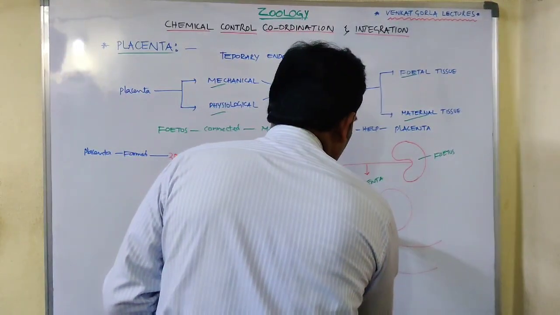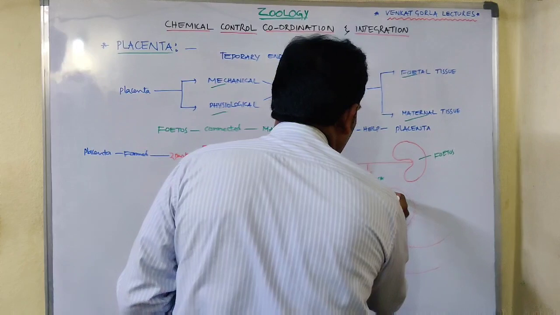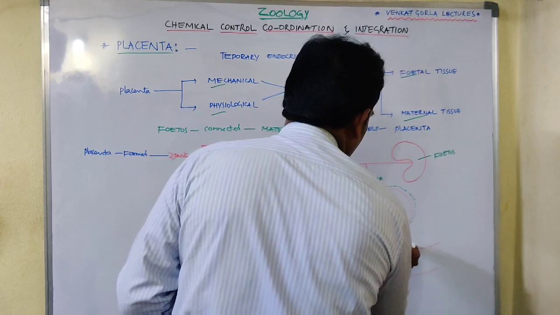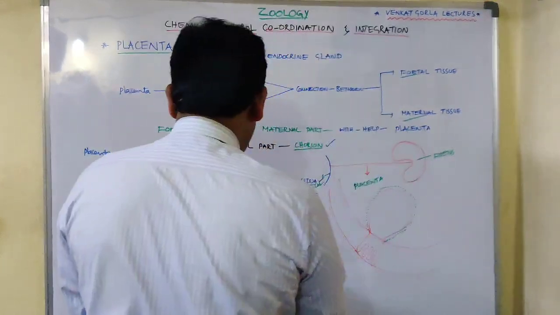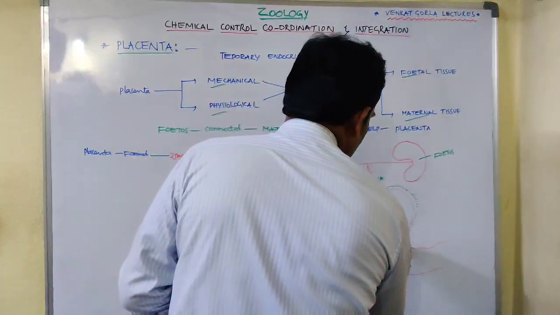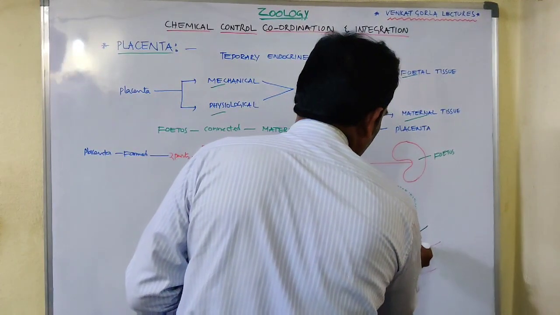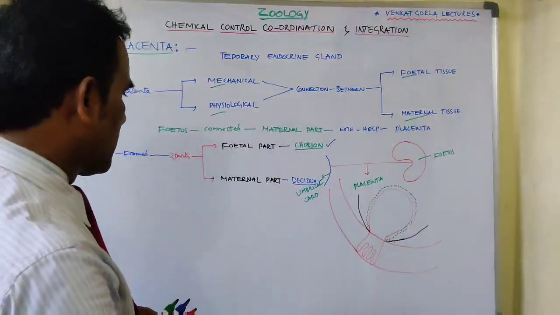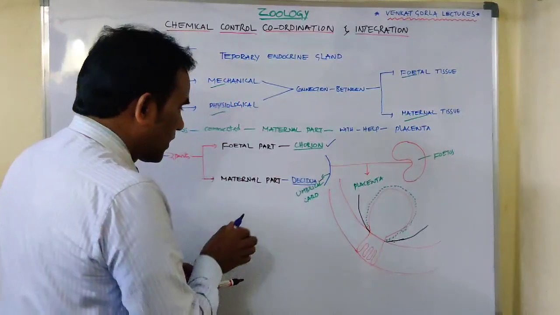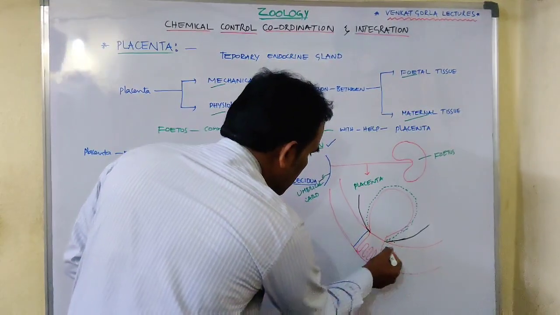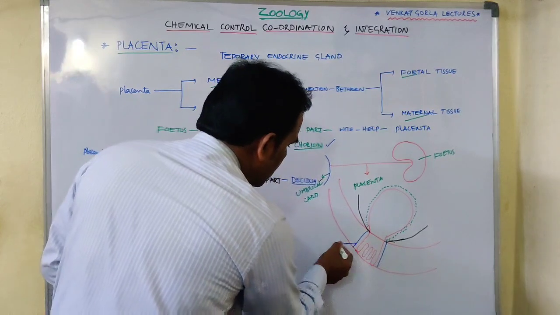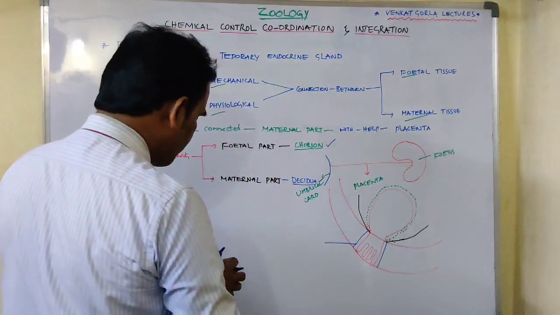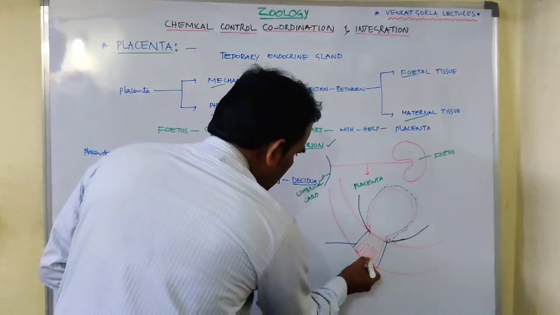And inside this is called decidual part, decidua capsularis, and this is also a part of decidua, decidua parietalis, and this part we can call it as decidua basalis, that is also decidua part, and this is called chorionic villi.